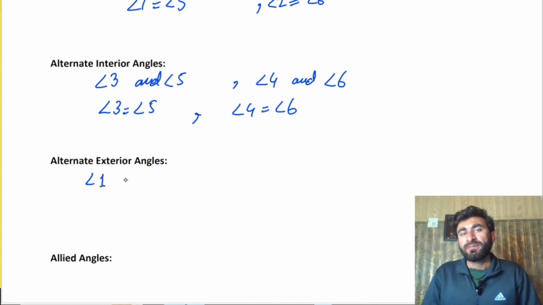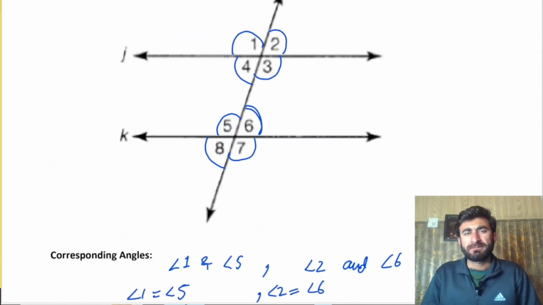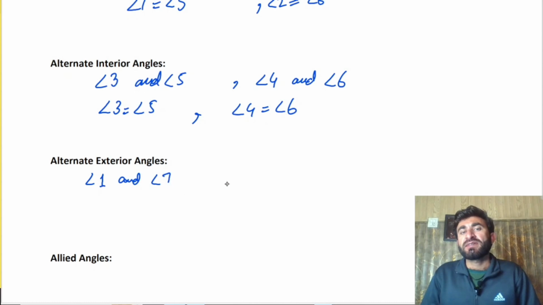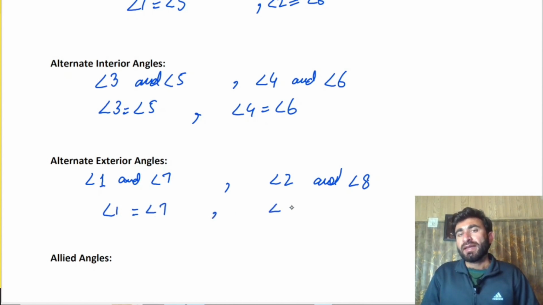Angle 1 and angle, sorry, it's 7. Angle 1 and angle 7. The other pair was angle 2 and angle 8. Being alternate angles, they are also equal. Angle 1 will be equal to angle 7 and angle 2 is equal to angle 8.